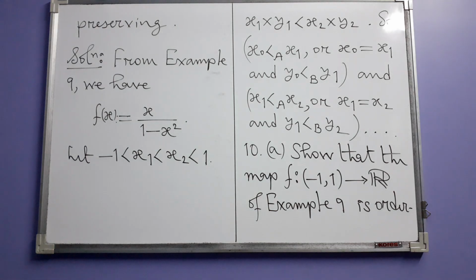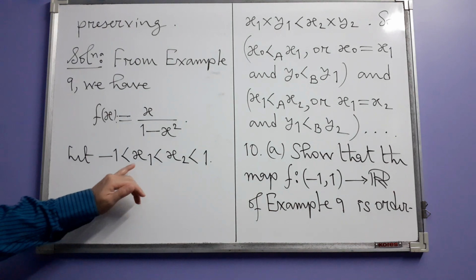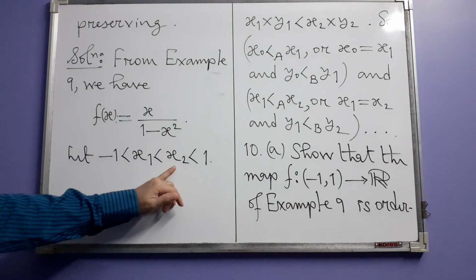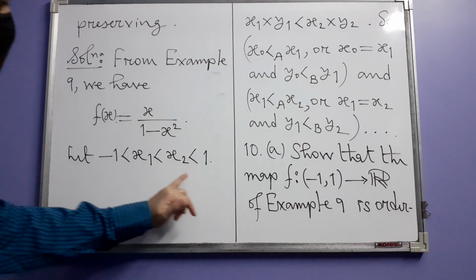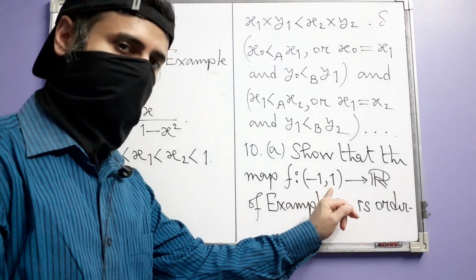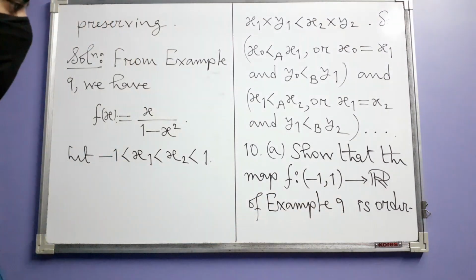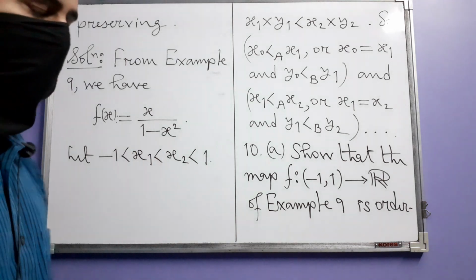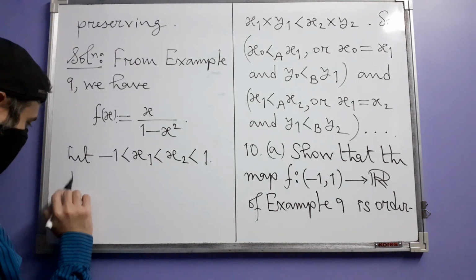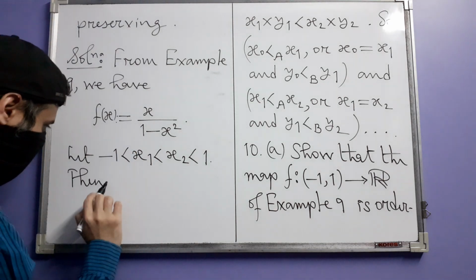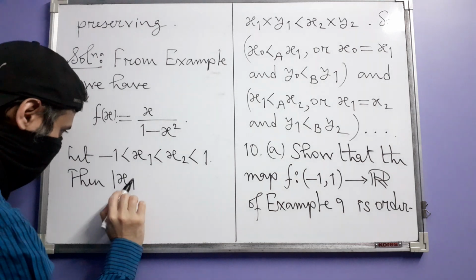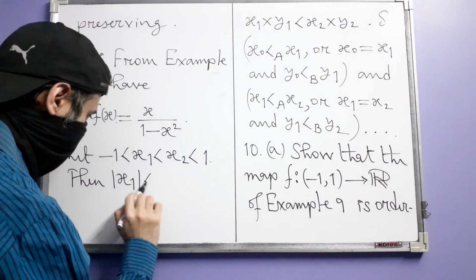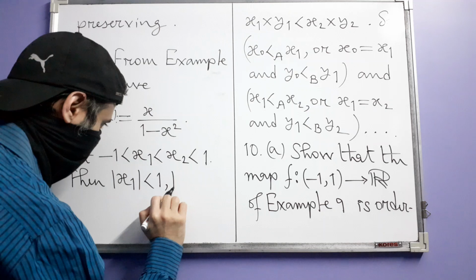Alright. What does it mean? It means besides the fact that x1 is less than x2, it also means that both of them lie here. Now lying here means what? Then their absolute values are both less than 1.